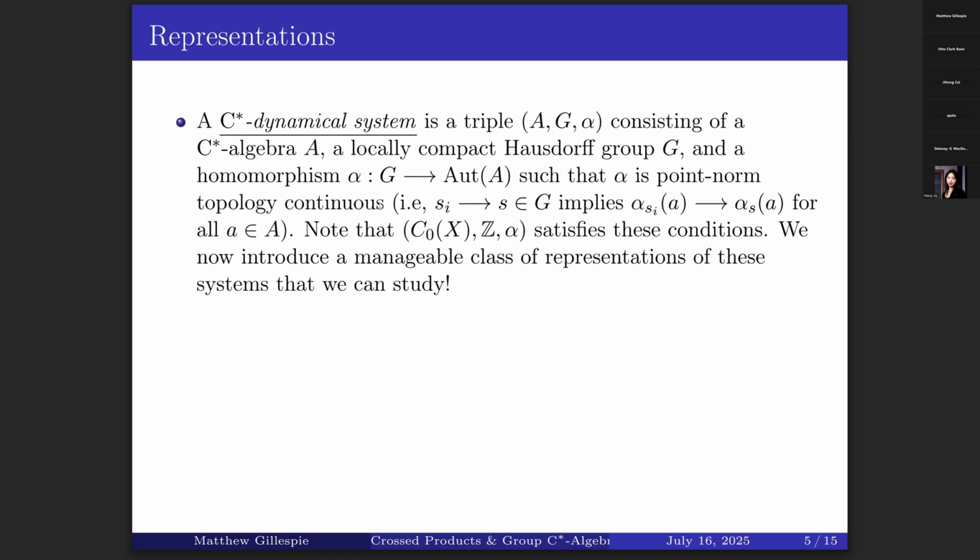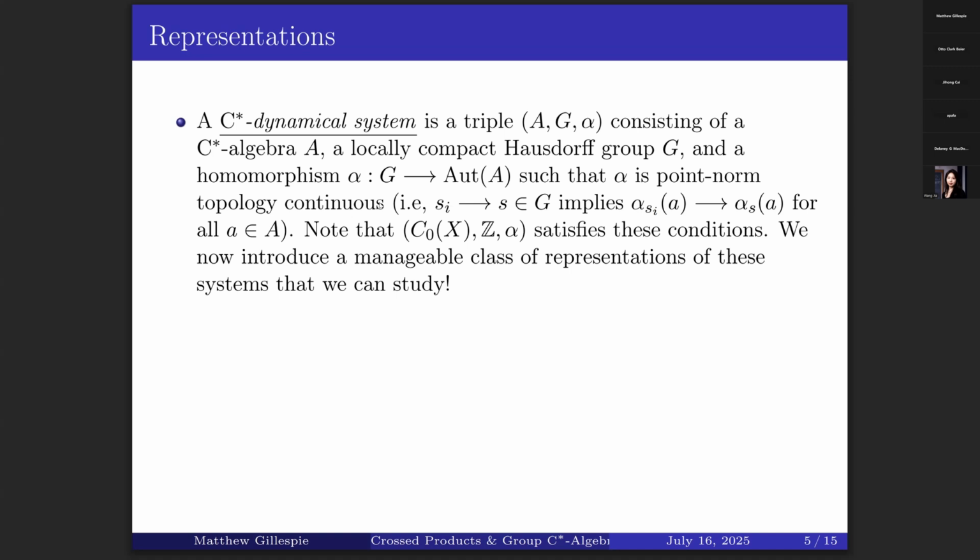To study these C-star dynamical systems, just like in most concepts you'll see in graduate school and beyond, in order to study an abstract mathematical object, it's usually best to study its representation theory to get a handle on what the object really is and how it behaves. In this case, there is also a representation theory associated to these C-star dynamical systems.